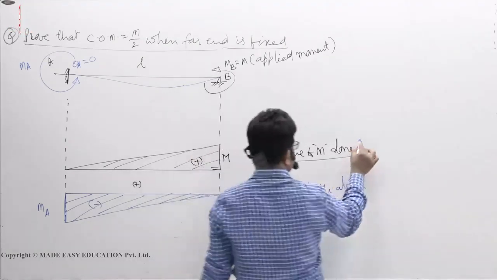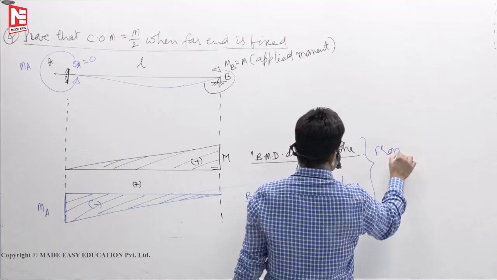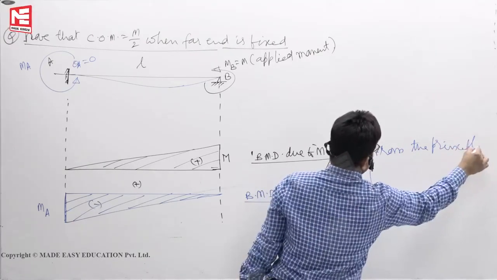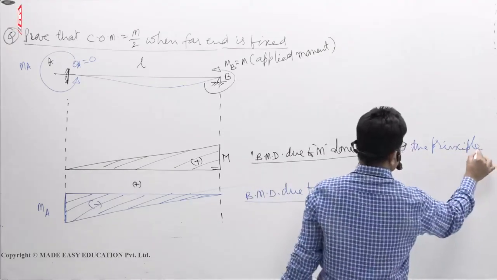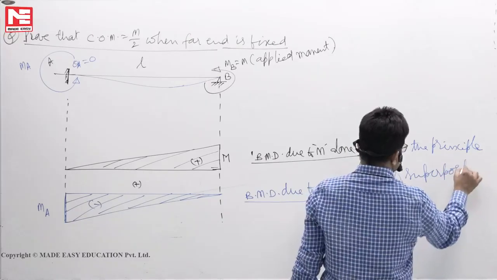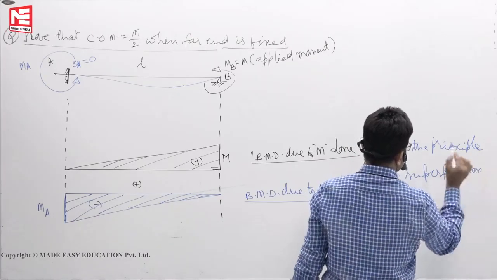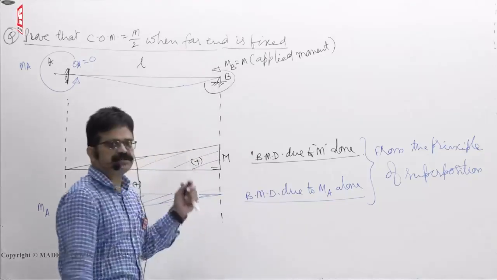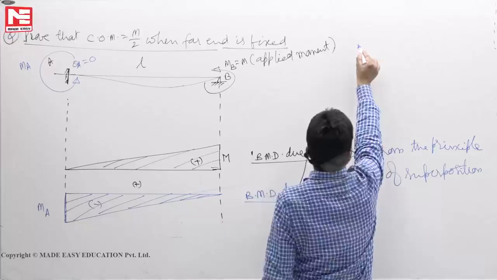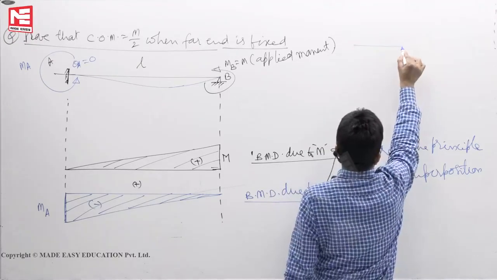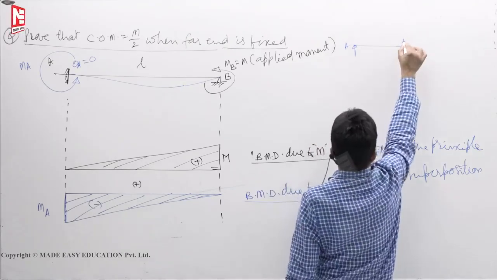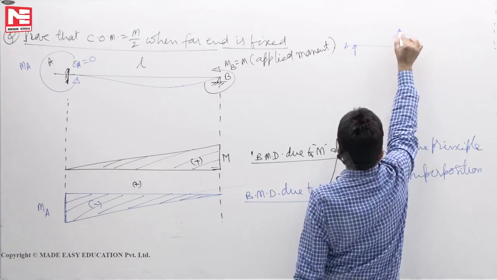So plus we are writing, this is because of the principle of superposition. Principle of superposition, you can add the two bend moment diagrams. What we have done actually here is like this. This is a simply supported beam, let us say AB. Apply M alone.